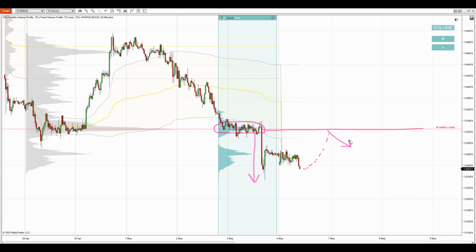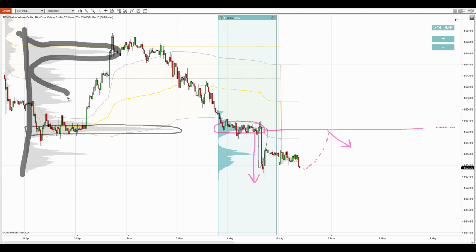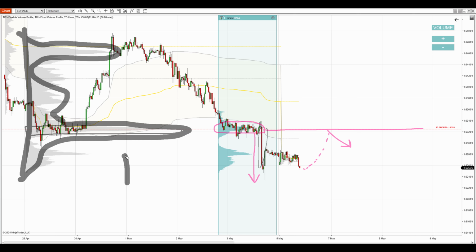Now, what massively adds strength to that level, apart from this very aggressive bearish candle, is that this level is at the weekly point of control. If you look in here, this is the weekly volume profile from the previous week, and the point of control from the previous week is in here.